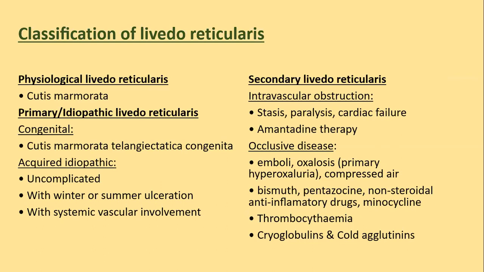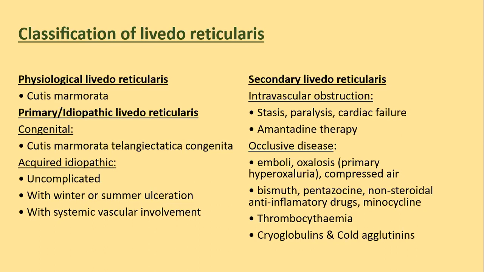Classification of livedo reticularis. The physiological livedo reticularis is cutis marmorata, which is seen in many infants. Then congenital or idiopathic livedo reticularis include cutis marmorata telangiectatica congenita, and acquired idiopathic include uncomplicated type with winter or summer ulceration and with systemic vascular involvement.